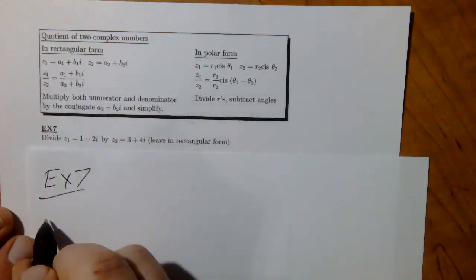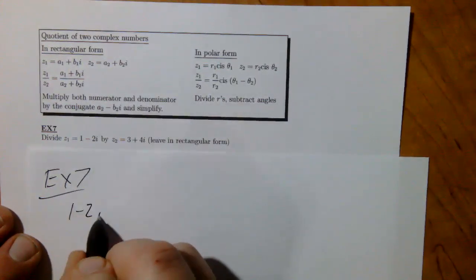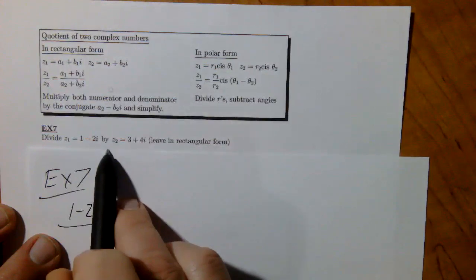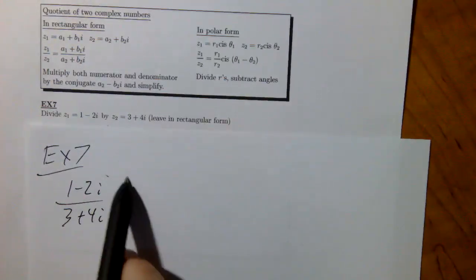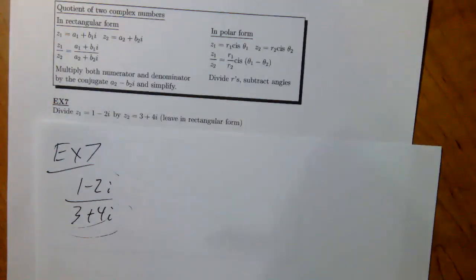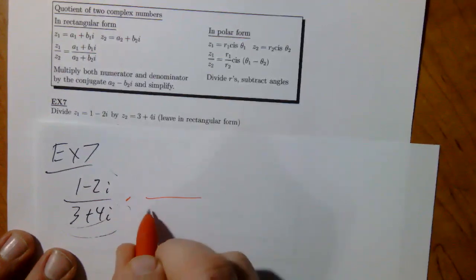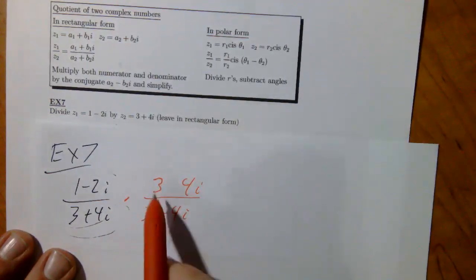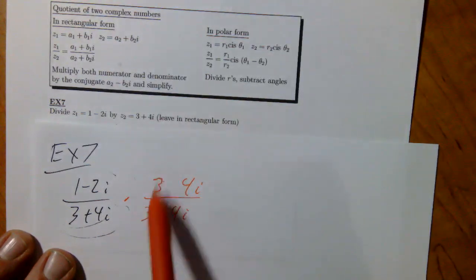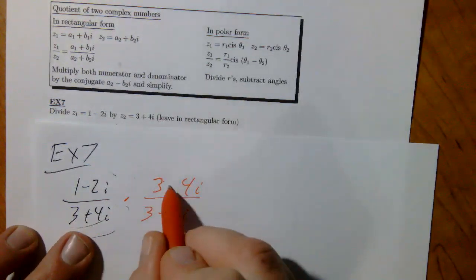So let's say I wanted to do, with this example, 1 minus 2i, I'm going to take this and divide by 3 plus 4i, right? So I'm taking a complex number and dividing by another complex number. But how you do this is you multiply by the conjugate, right? Remember, think of the conjugate as the real part being exactly the same, but the imaginary part being the exact opposite.